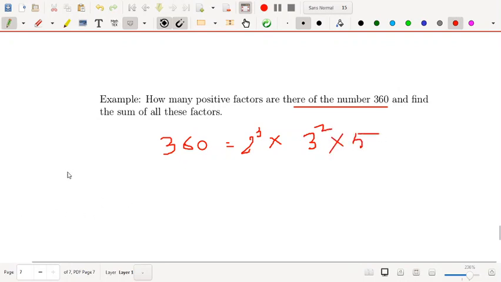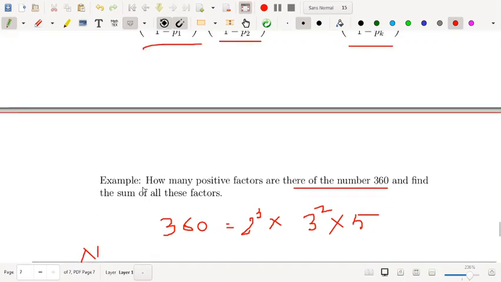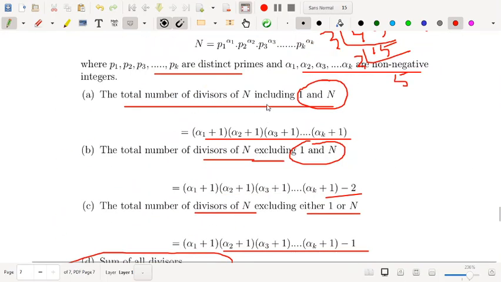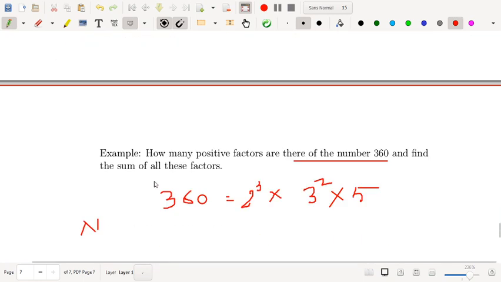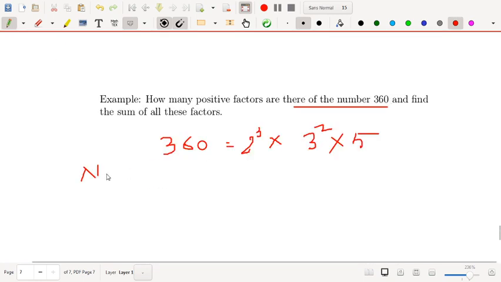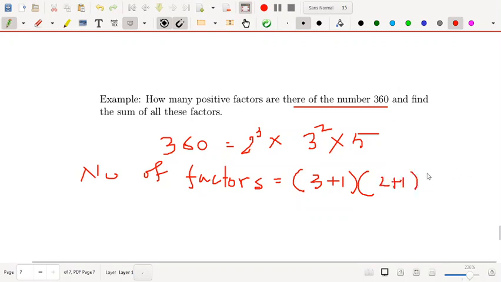So the number of factors, including 1 and 360 also, will be 3 plus 1, because you have 3 identical 2's, then 2 3's, so 2 plus 1, into 1 five, so 1 plus 1. So the number of factors will be 24.